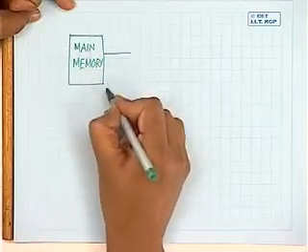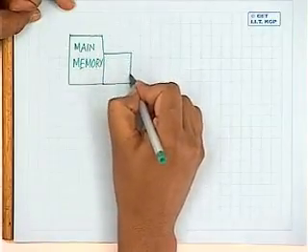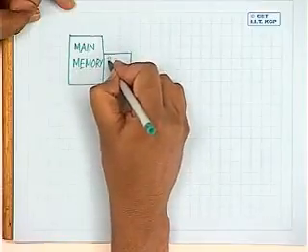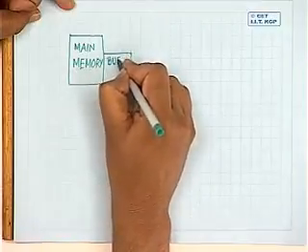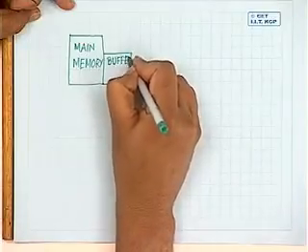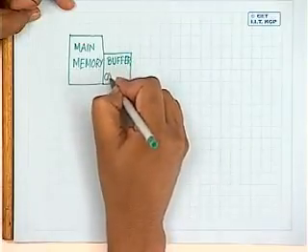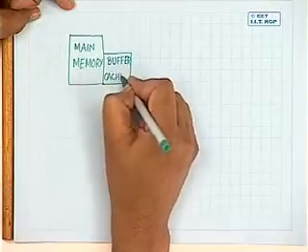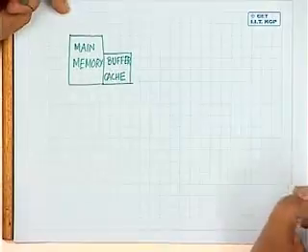A part of the main memory is called a buffer cache. And usually, this buffer cache is maintained in the system area of the main memory.